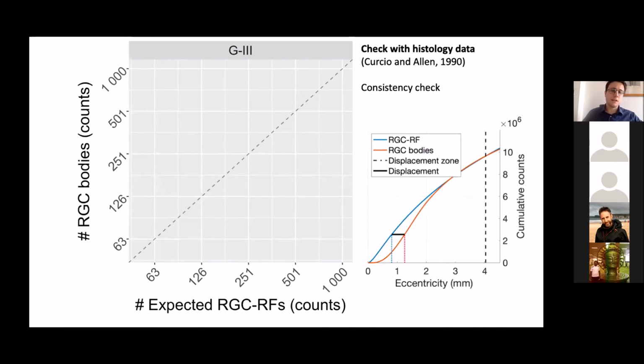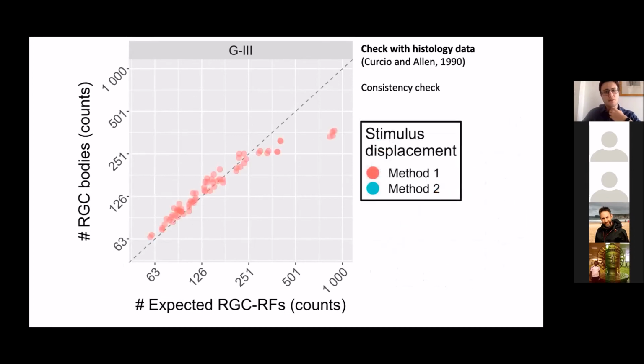So if one of the methods is correct, we should expect to see, in a graph like this, where we have the ganglion cell receptive fields on the horizontal axis and the ganglion cell bodies on the vertical axis, all the observations lying on the diagonal line of equivalence. And we can see that if we apply method 1, we don't get this result, and essentially most of the estimates are severely distorted, especially in the parafoveal region where you have the highest count for ganglion cells.